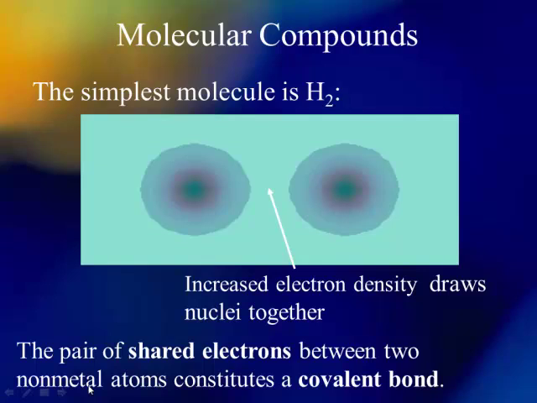Covalent bonding is what holds non-metal atoms together into a molecular compound. Non-metal atoms cannot transfer electrons to one another, like we saw in ionic compounds. Both nonmetals would want to gain electrons. Neither nonmetal is willing to give away electrons. So a covalent bond is shared electrons.